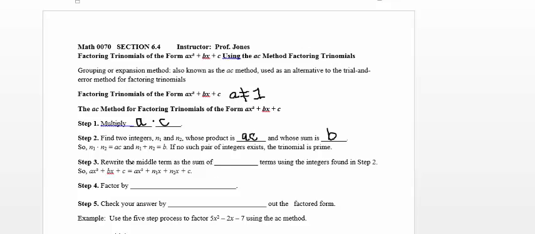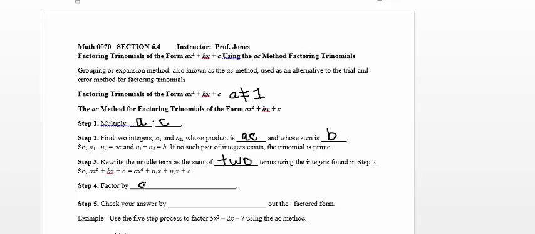So what we do once we find these two integers is we use them to rewrite the middle term as the sum of two terms. So instead of writing the middle term as bx, we will write it as n1x plus n2x.